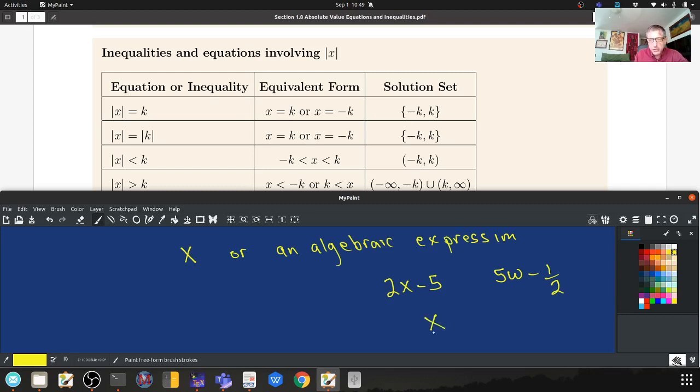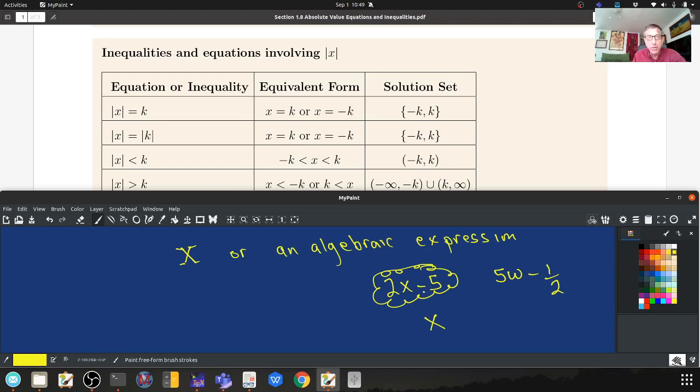Clearly x just by itself. And if you want, maybe I'll go back and edit this at some point. Consider the x here as some capital X. And I just want you to know that that can be actually just a variable. It's some unknown, right? The value is some unknown quantity. The value of 2x minus 5 is another unknown quantity.